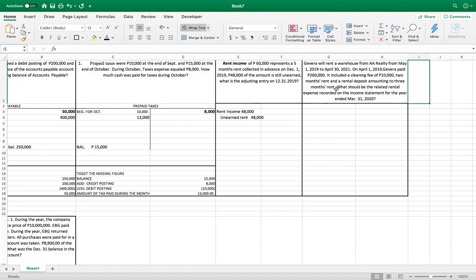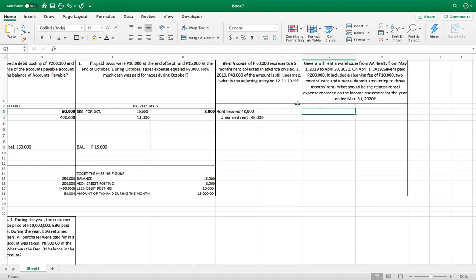So the monthly rental is actually 50,000. What is being asked here is the related rental expense recorded on the income statement for the year ended March 31. So it should be the rent from April 1 to March 31, which is 1 year. So 50,000 times 12 months, the rent expense that will be recorded is 600,000.